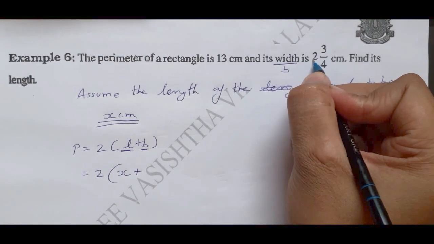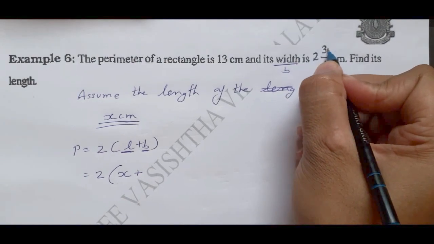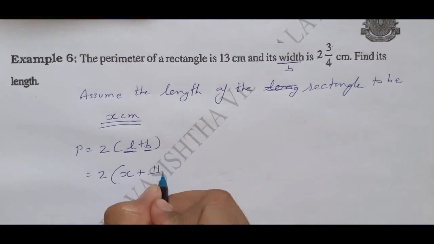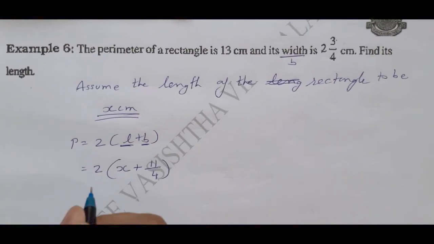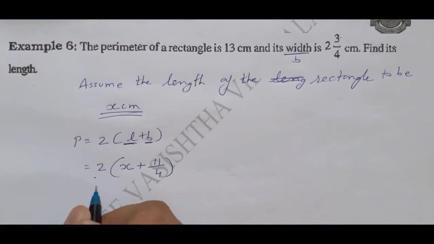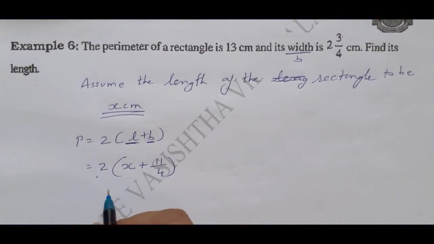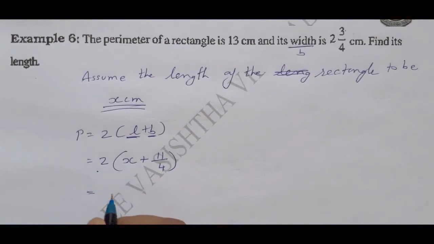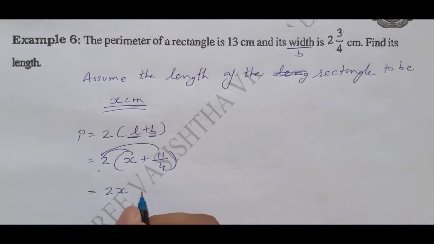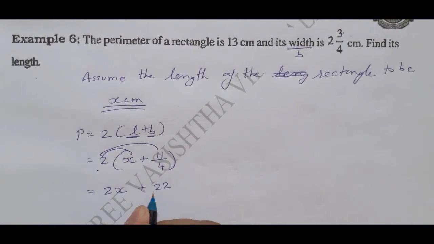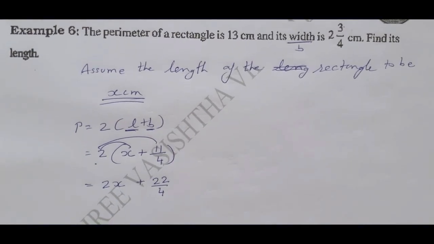So 4 2s are 8, 8 plus 3, 11, 11 upon 4. Now this is your breadth. Now here we got this 2, so we'll multiply this 2 with both. So it will be 2 into x will be 2x and 2 into 11 will be 22 upon 4.